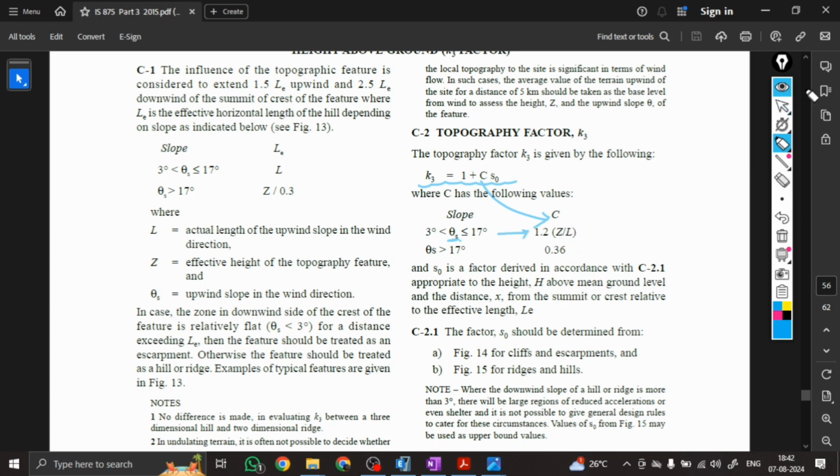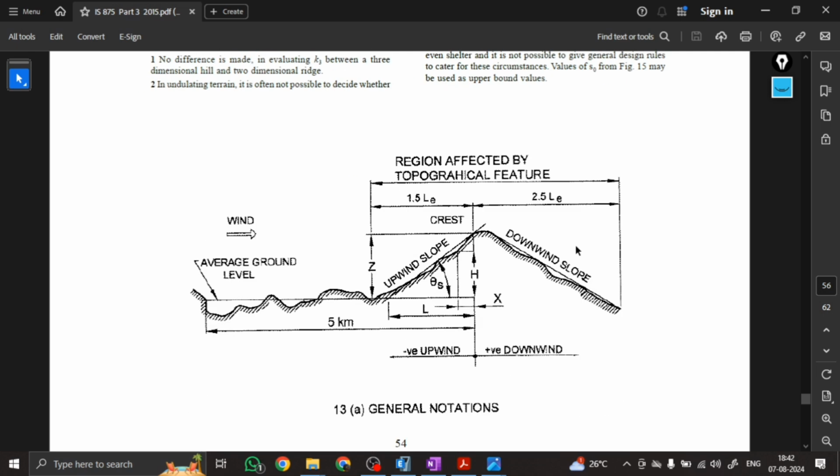Z means, I will show you. This is our upwind.